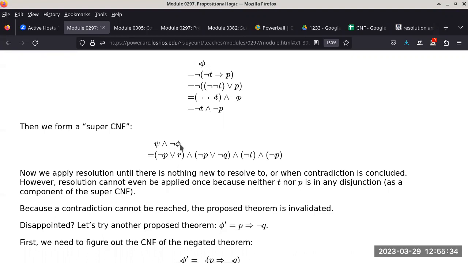That's all you can say, it is not implied by psi, but you cannot say whether it's true or not. So could you still do some type of resolution and not get that zero, that false? That is correct. Sometimes you have to do a lot of resolution and then only come to a dead end, but yes, that can happen. This is just a very oversimplified example of a dead end.